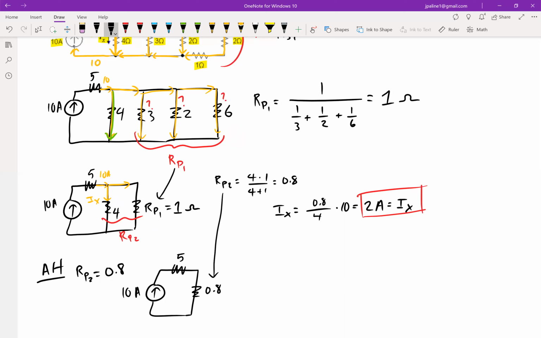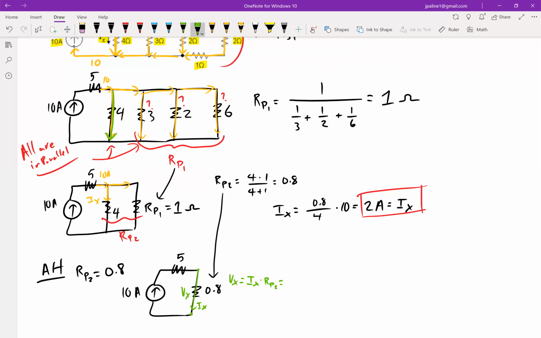And if we set up here that all of these are in parallel, so if I found the voltage across here, I'll call it V of x just for consistency, with I of x going through it. So V of x is equal to I of x times that R parallel 2.